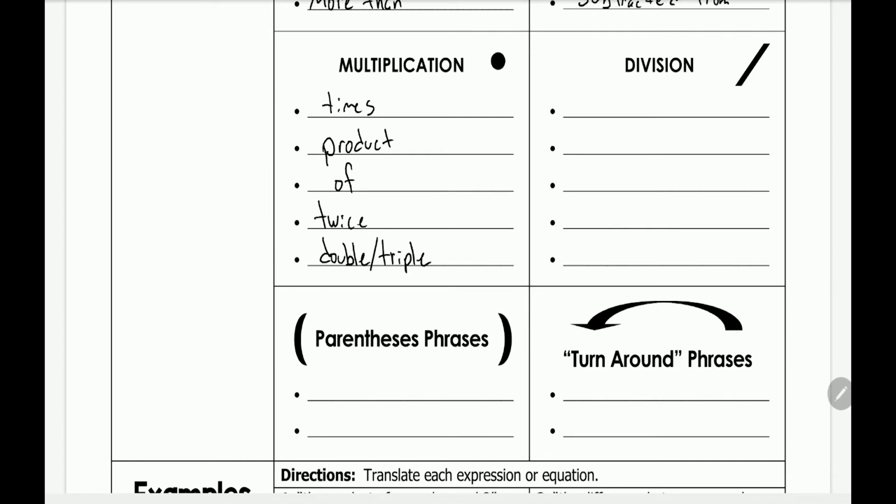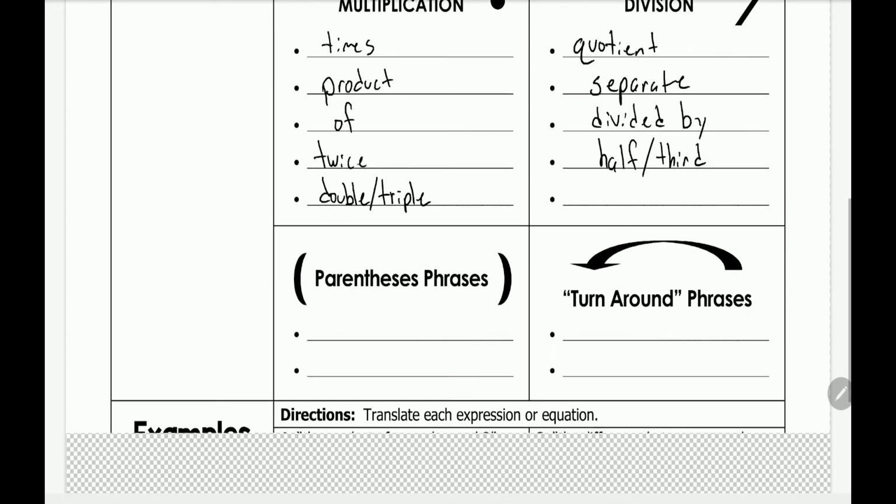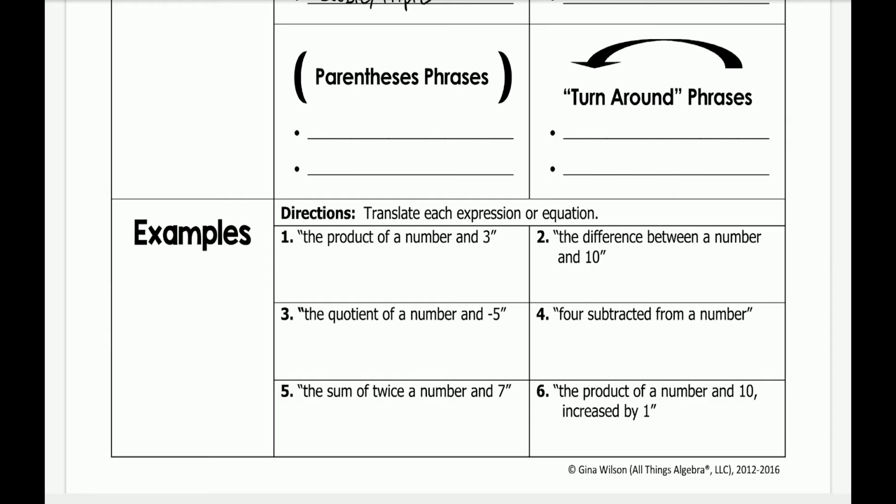For division, we could have quotient, separate, divided by, of course, and maybe half or third. I can't really think of any more, so we're going to move on to parentheses phrases and turnaround phrases.